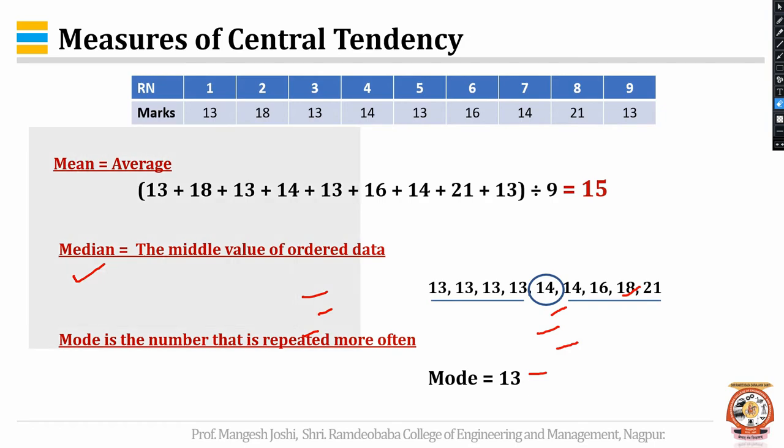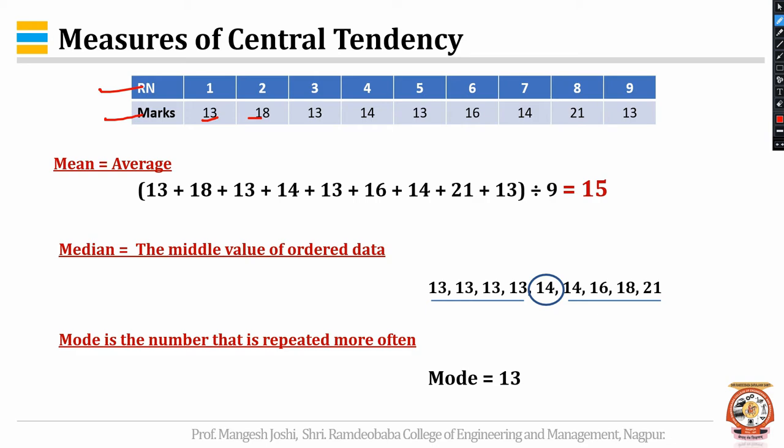So let us see the measures of central tendency, how to calculate mean, median, and mode in a series of data values. Now imagine a case where you have 9 students with roll numbers 1 to 9, and they have scored some marks. Roll number 1 scored 13 marks, 18, and so on. So you have a total of 9 students with their marks.